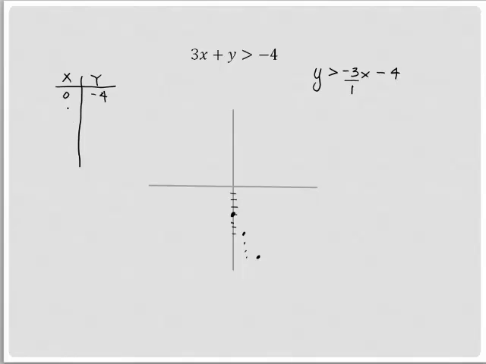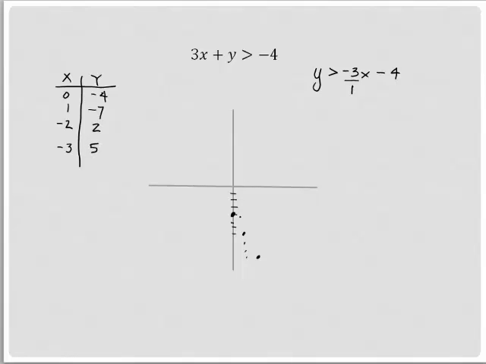If we put x as 1, it comes out negative 7. Let's try a couple negative numbers. How about negative 2? It comes out 2. Maybe a negative 3, so we've got 2 positives, 2 negatives, and that should come out 5.